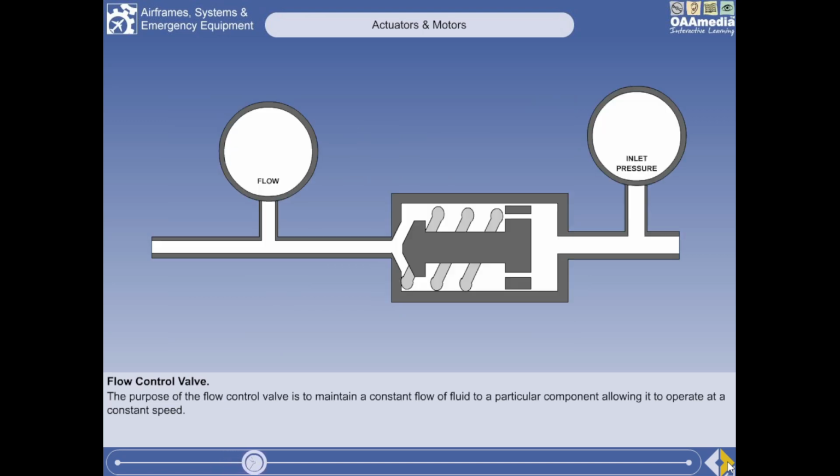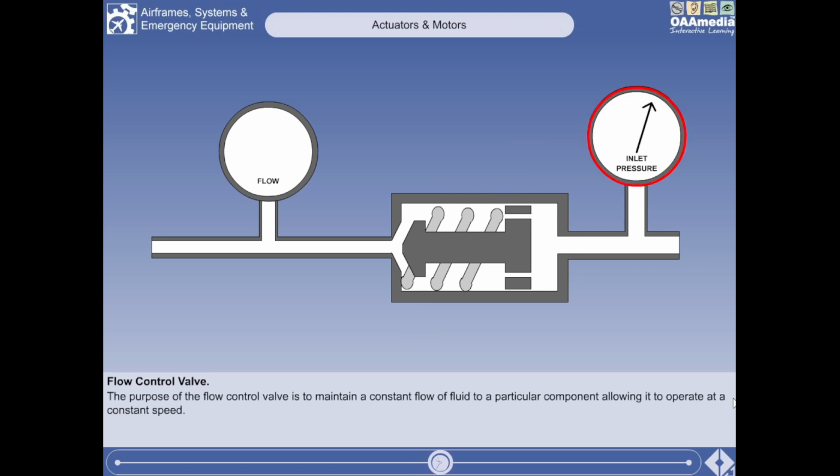A simplified flow control valve is shown here. It has a piston with a number of holes in it, through which fluid can freely flow. The piston controls the position of a variable orifice valve. Inlet pressure is felt on one side of the piston, with a spring pushing on the other.